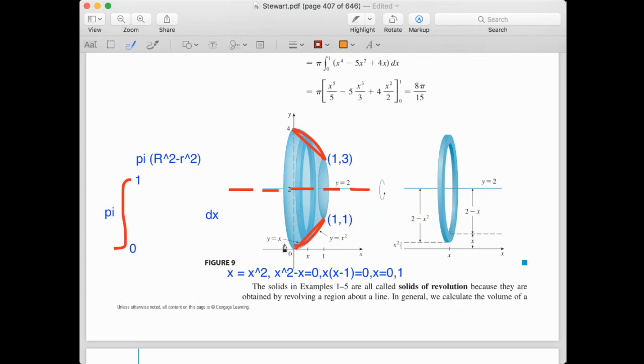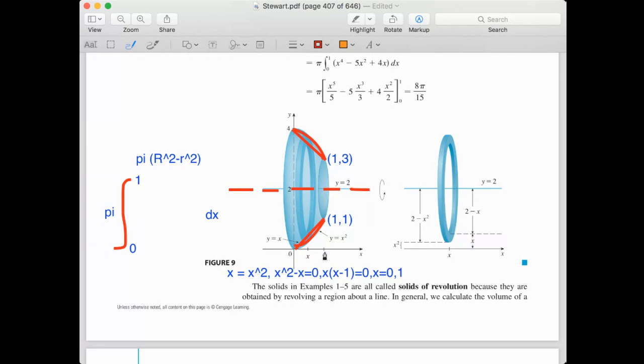One function is y equals x, another function is y equals x squared. We set them equal to each other. Now we solve for x. x equals 0, x equals 1. The smaller value is our lower limit. The bigger value is our upper limit. But from the picture, we can see also 0 to 1. So the x value goes from 0 up to 1.